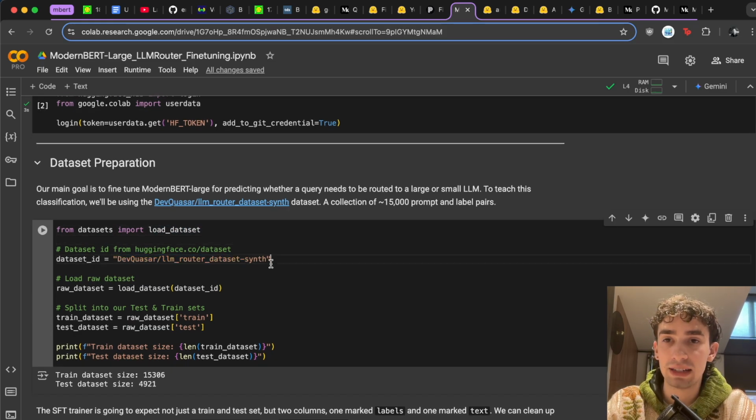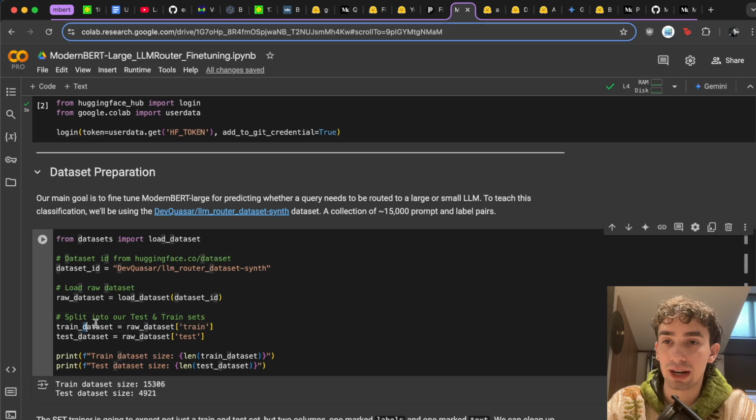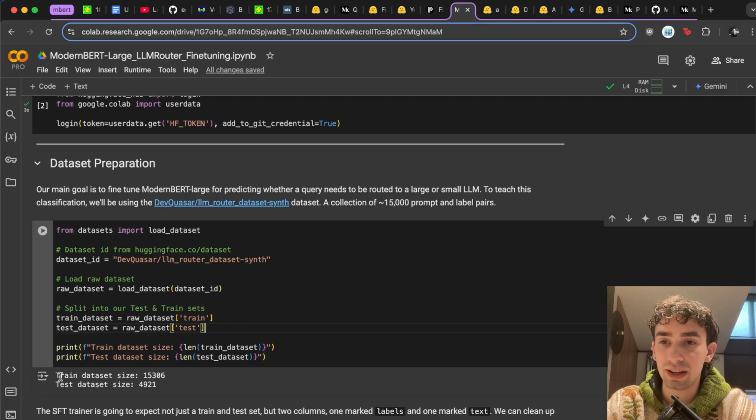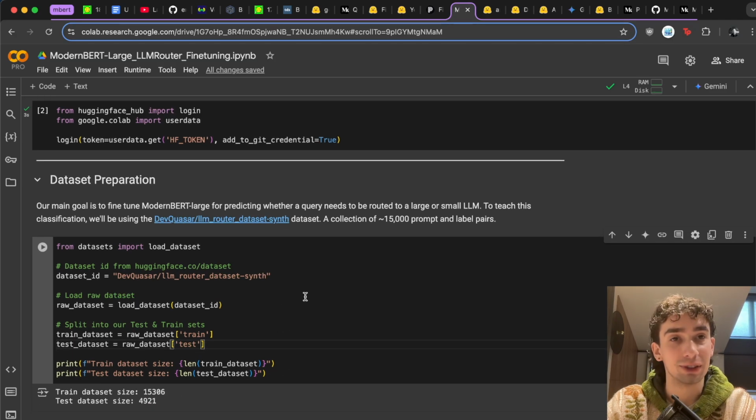So from our ID, we call load dataset to download and load the dataset. We can then split that into both our training and our test set by just adding on this key here. In doing that, we see that our training dataset is about 15,000 entries and our test dataset is about 5,000 entries. So more than enough data to effectively teach a classifier how to do this.